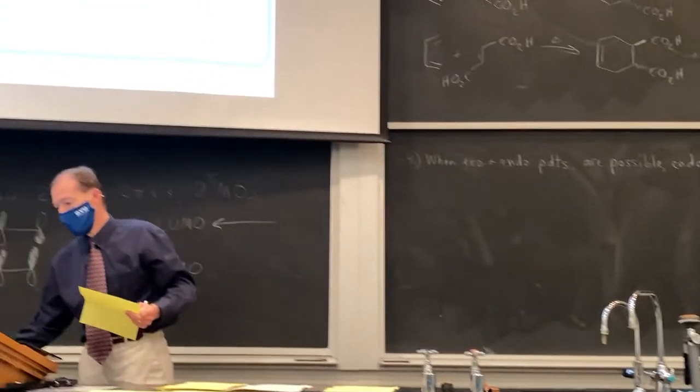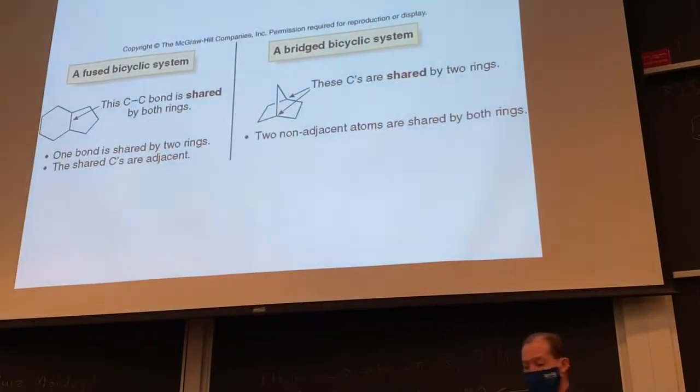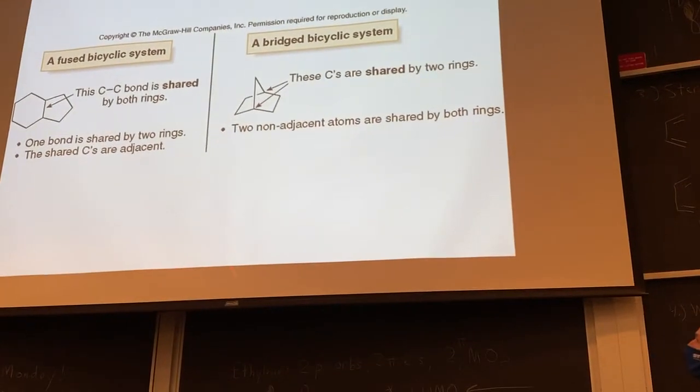Let's take a look at a nice figure from your textbook showing you the difference between a fused bicyclic system and a bridged bicyclic system. In a fused bicyclic system, we have two carbons common to both rings that are connected by a sigma bond.